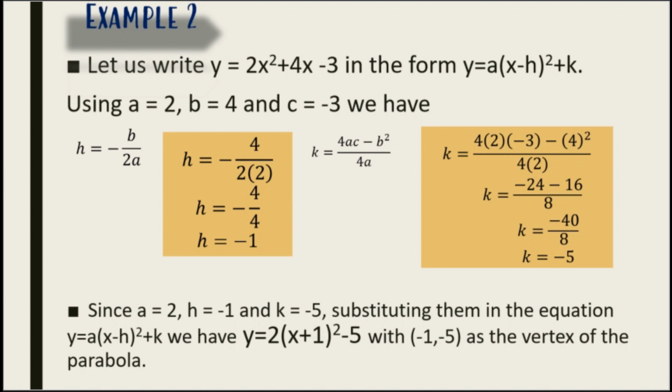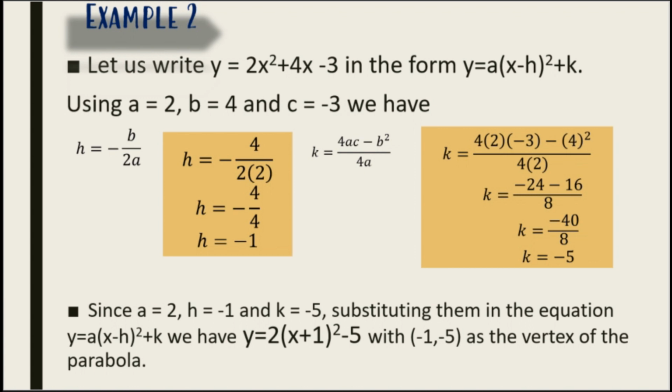We can get the value of h using the formula -b over 2a, while we can get negative 5 after substituting the values of a, b, and c in the formula for k, which is 4ac minus b squared all over 4a.